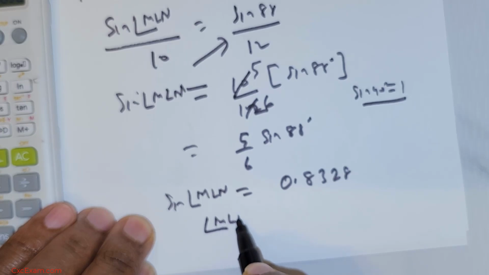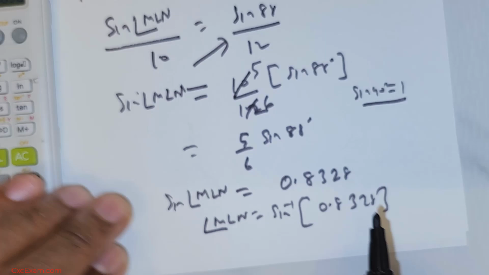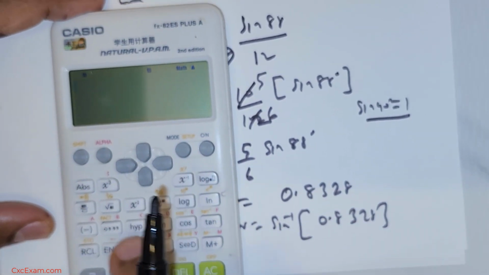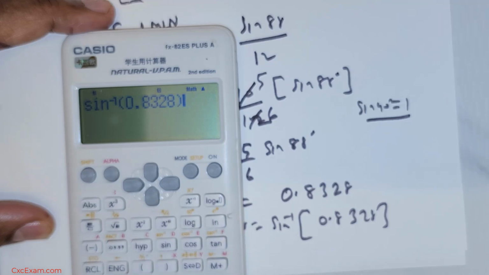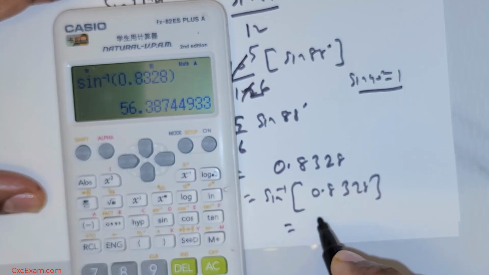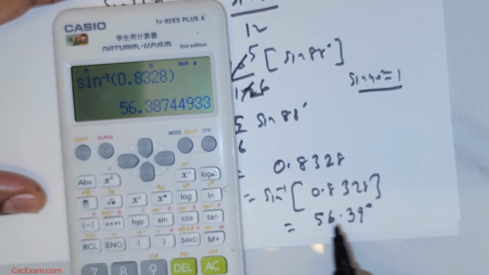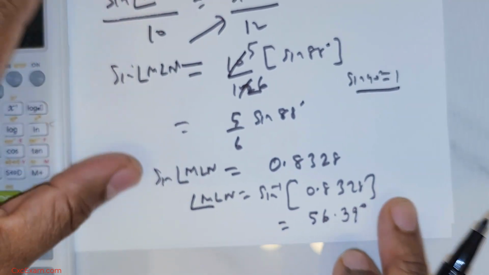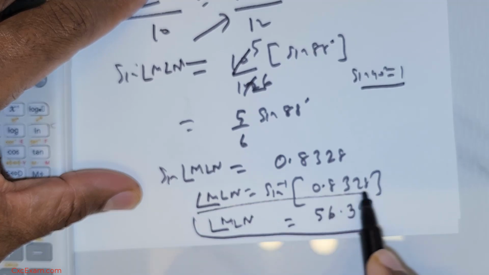So angle MLN is equal to sine inverse of 0.8328. So we click shift, sine inverse of 0.8328. So what is that going to be? 56.38. So I'm going to take it as 56.389 degrees. Okay, so this is angle MLN. You can box the result.